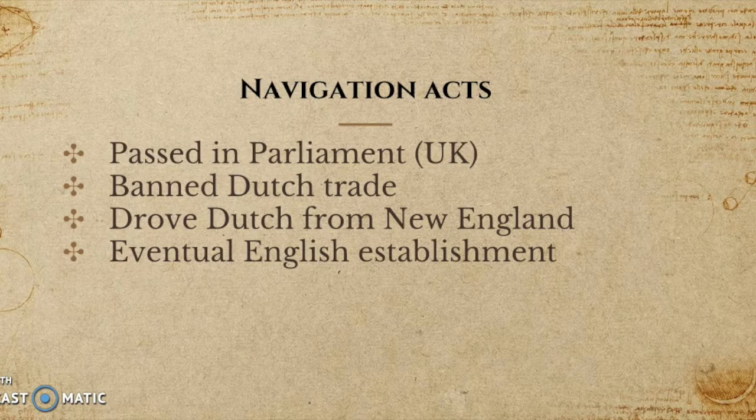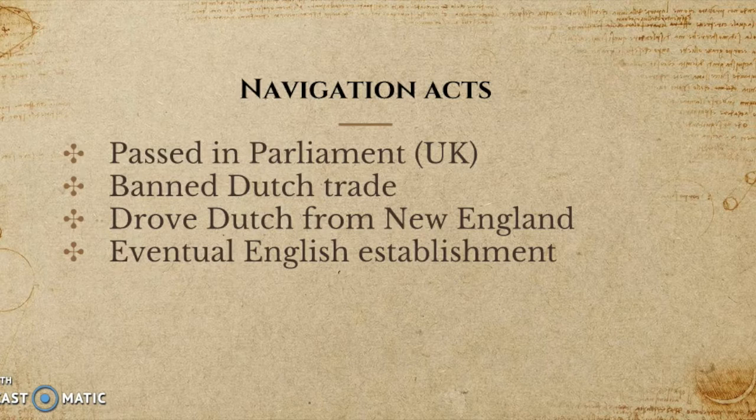The Navigation Acts were passed by the British Parliament in response to them seeing that the Dutch were outdoing them in trade. So it stopped the English colonies from trading with the Dutch, and it said that they could only trade with their mother country, with England.